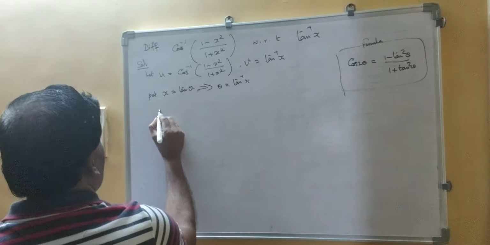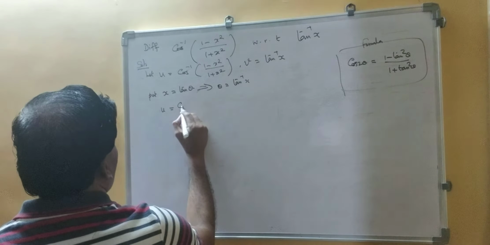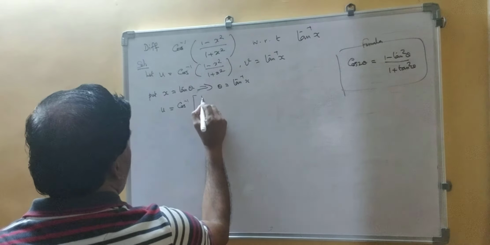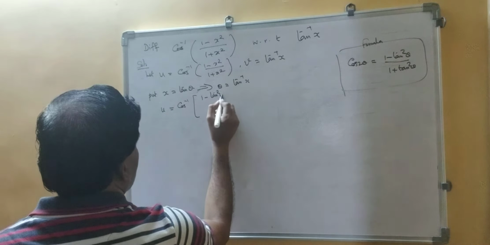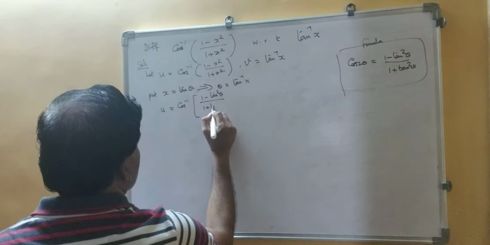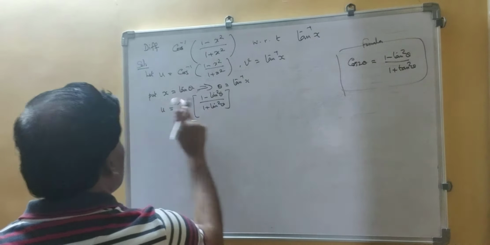Okay. Now here we will write u equal to cos inverse of 1 minus tan square theta upon 1 plus tan square theta, because we are putting x as tan theta. So u equal to cos inverse cos 2 theta. So you will get 2 theta.